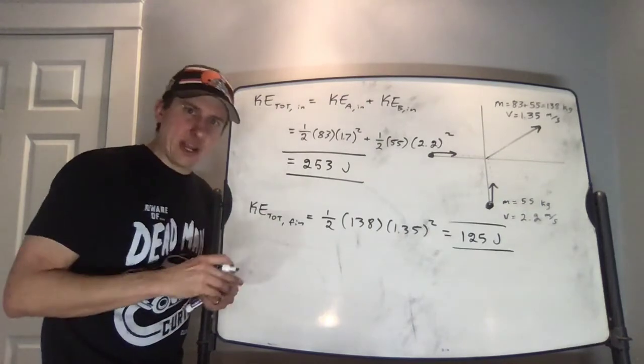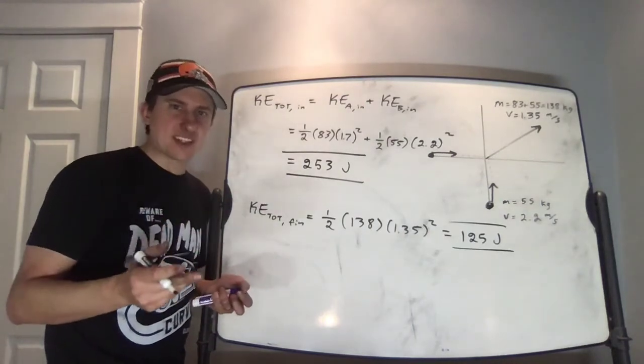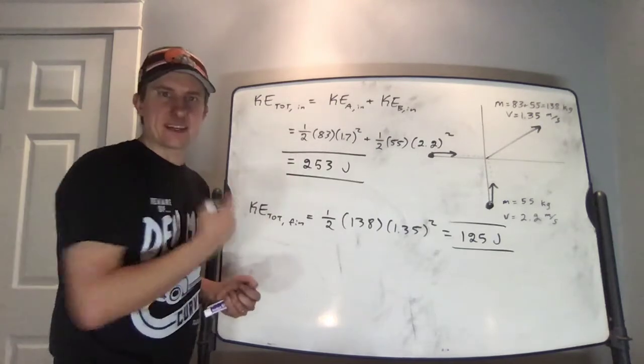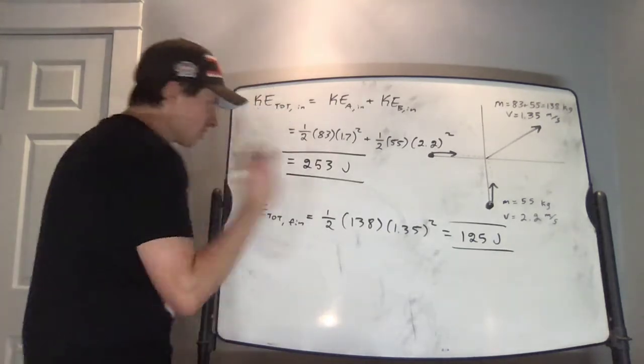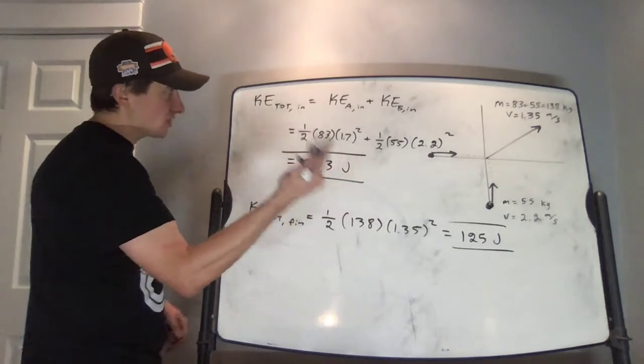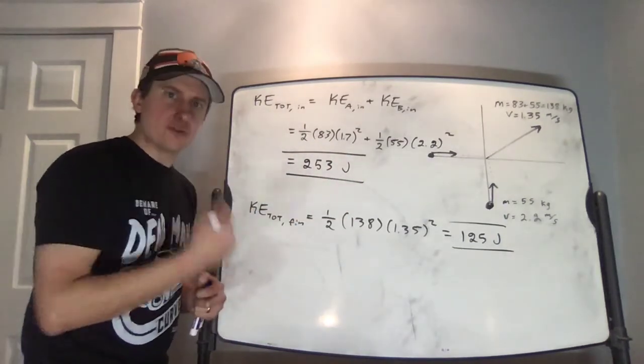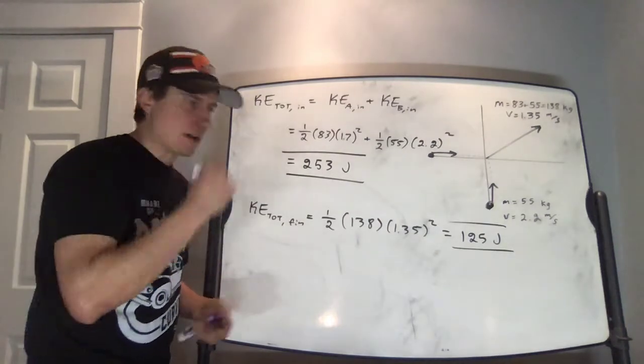A separate way that I could have thought about these skaters is I could treat them as separate objects. We will find the exact same result though. Because I have two skaters, I will treat their masses individually, but we do know they will have the exact same final speed.